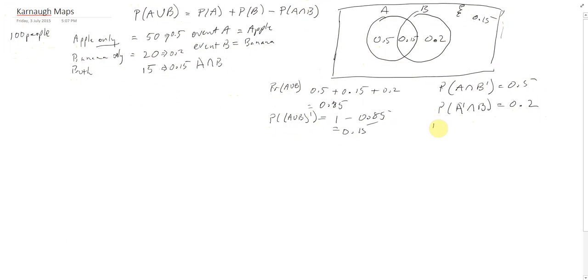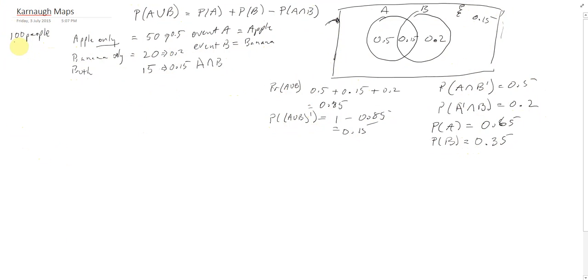We can also say the probability of just an apple, that's 0.5 plus 0.15, that's 0.65. The probability of a banana at all, 0.2 plus 0.15, 0.35. So here's lots of probabilities we can get from this very handy Venn diagram. We can basically find all the different probabilities that anyone could possibly ask us just by finding the different zones.